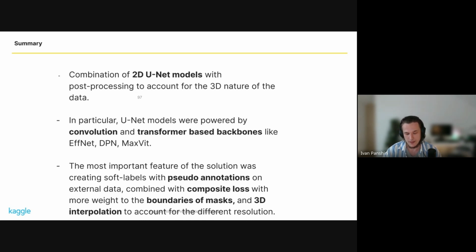So for example, I can train my models on kidney 1. Then I create pseudo annotations for kidney 2. I combine this data, train on it, and then create pseudo annotations for external kidneys that I found. Then I take all of that, train on it, and create pseudo annotations on external spleens that I found. And finally, I train on all of that, and that works very nicely.